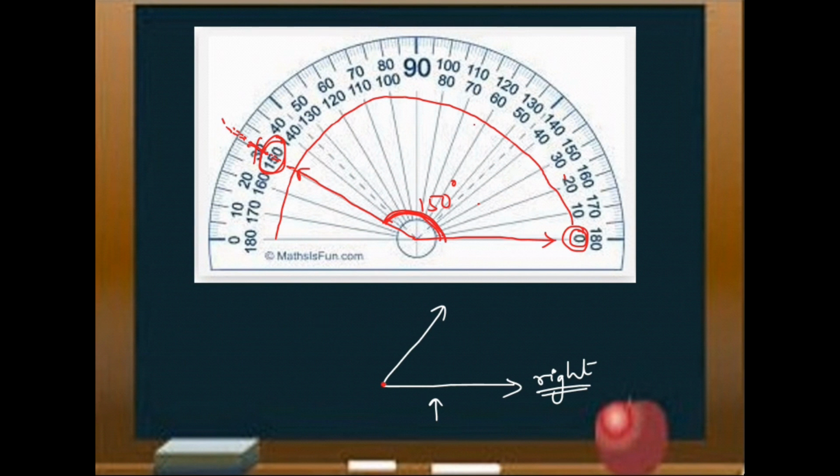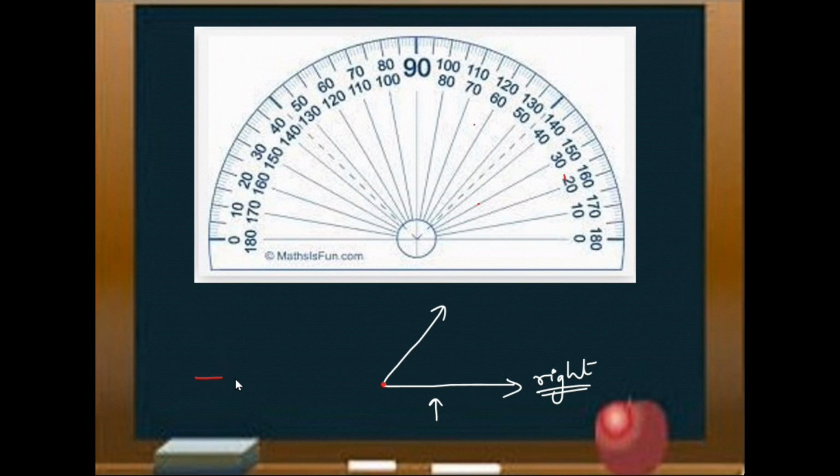Now whenever you have arms which are facing the left side, then you are going to use the 0 which is on the left side. So if you have an angle like this, the base ray is facing the left side. To measure this, you will again place the origin of the protractor on the vertex of your angle, and then consider this 0 now.